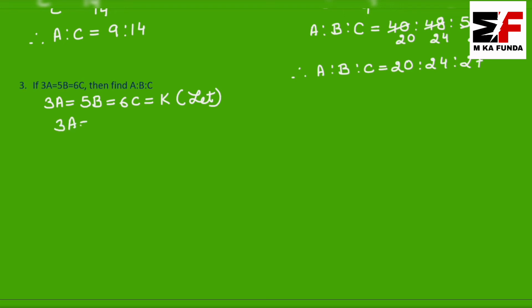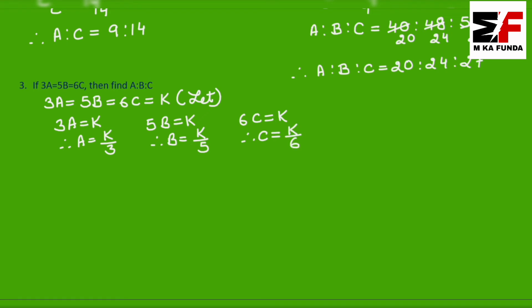If I tell you 3a is equal to k, so therefore the value of a will be k upon 3. Same way if you write 5b equals to k, therefore b is equal to k upon 5, and 6c equals to k, therefore c is equal to k upon 6.